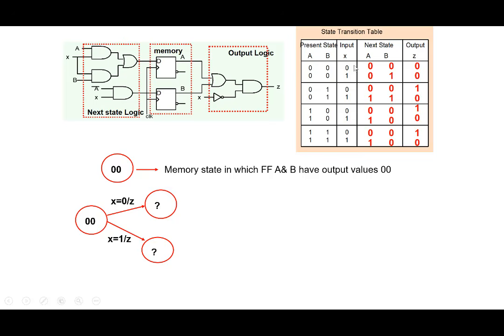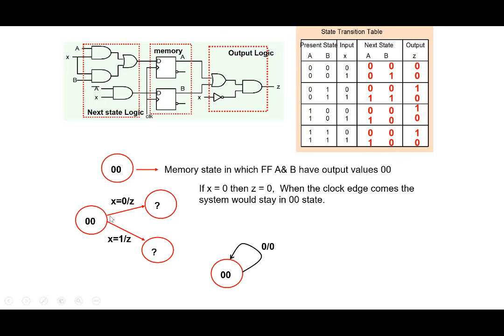So the first two entries that you see here, the first row can be described by these two, and the second row can be described by these two here. So let's do that. Note that if the system is in 0, 0 and you get X equal to 0, then the output is 0. So we write 0/0.